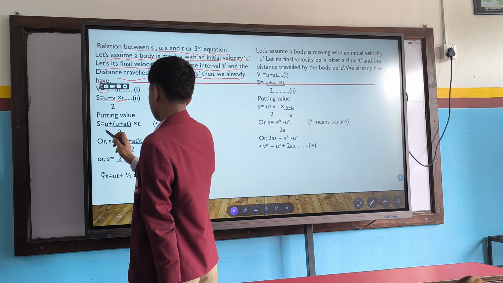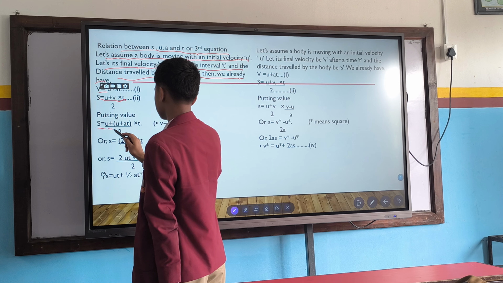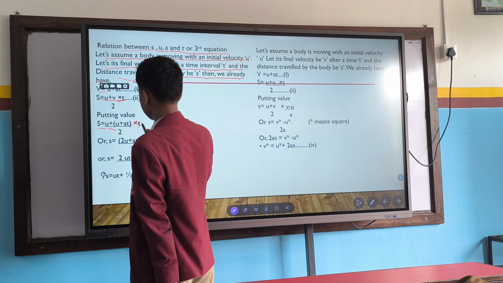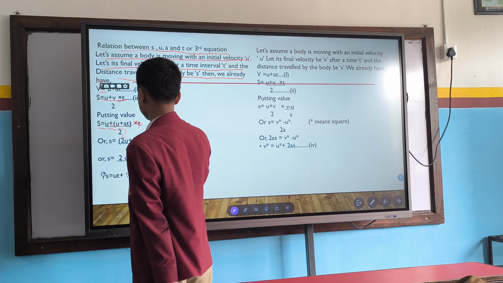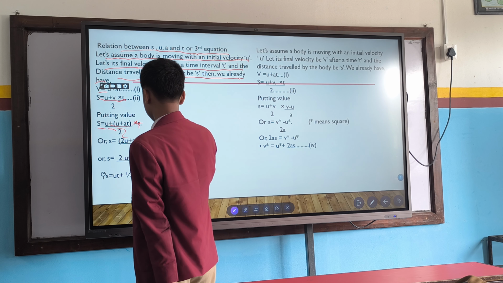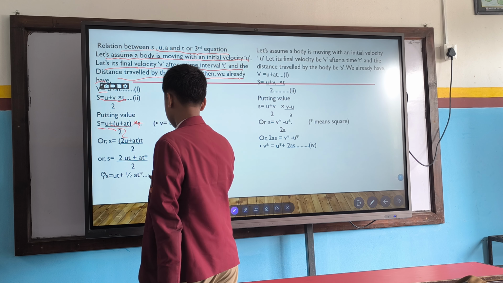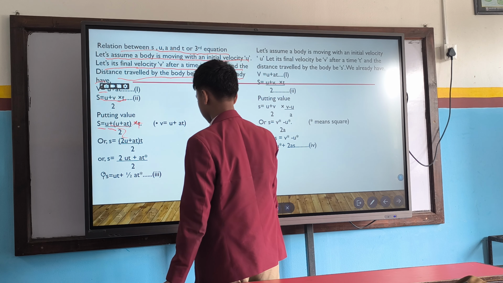Putting the value, s equals u plus u plus at into t by 2, or s equals 2u plus at into t by 2, or s equals 2ut plus at squared by 2, s equals ut plus 1 by 2 at squared.